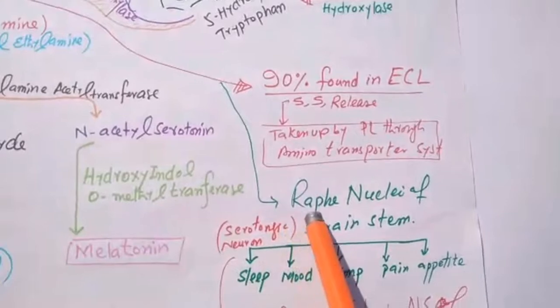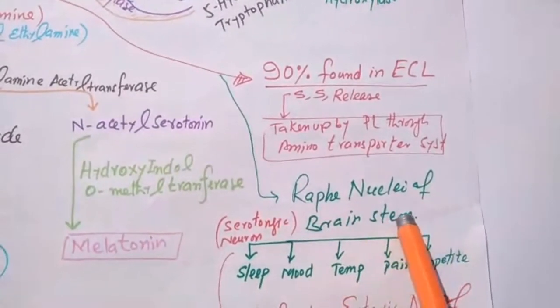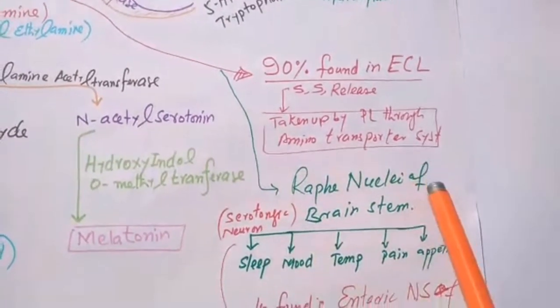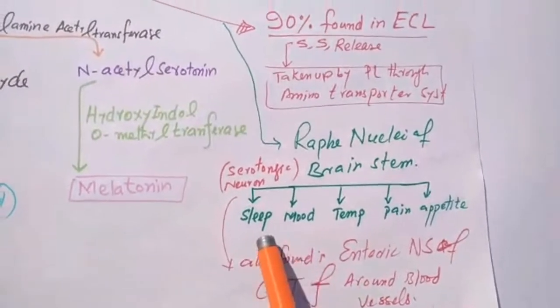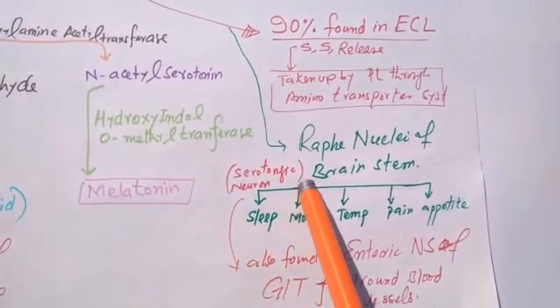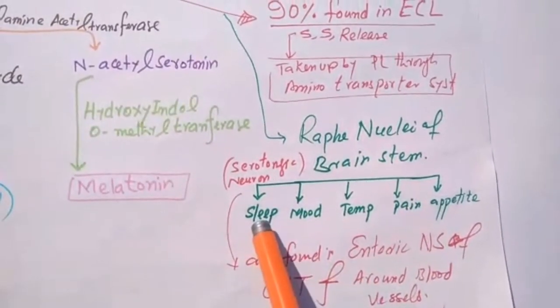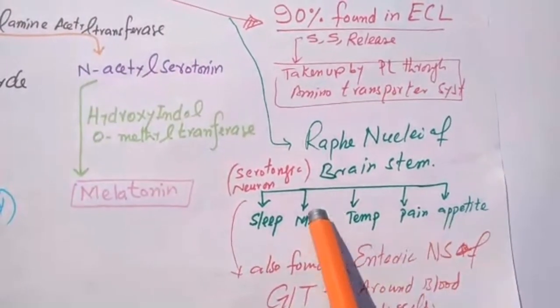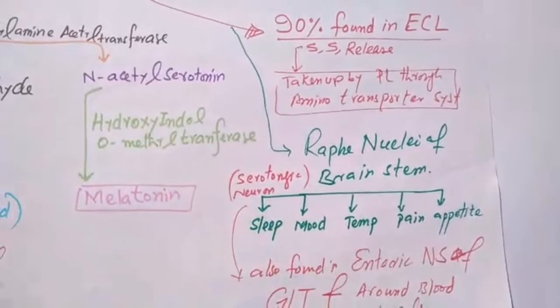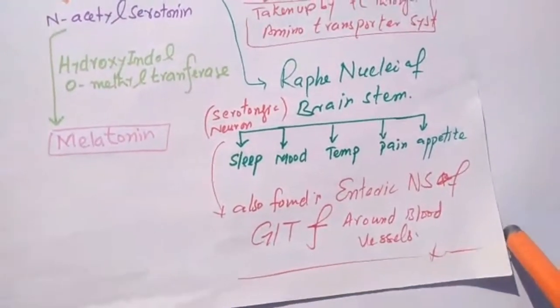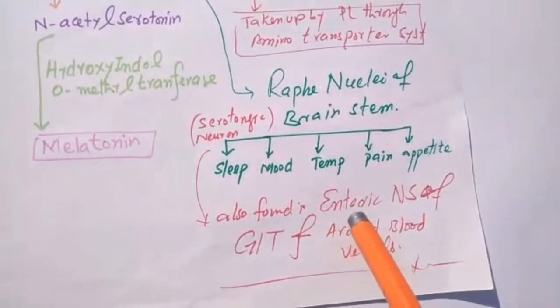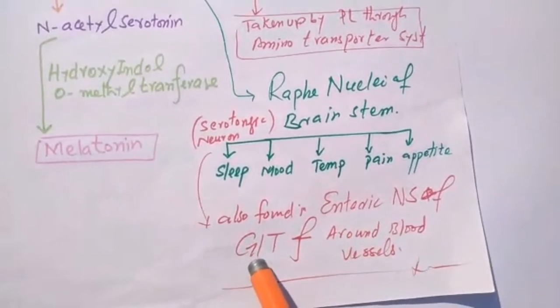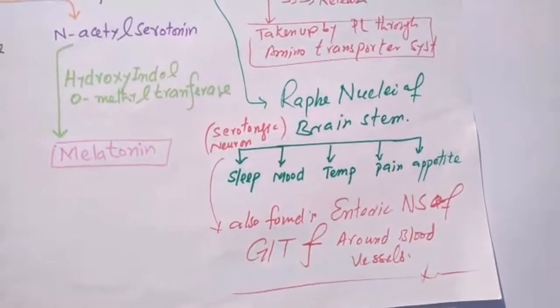Serotonin is also found in the raphe nuclei of the brainstem. This area is supplied with serotonergic neurons and has a role in sleep, mood, temperature, pain, and appetite control. These serotonergic neurons are also found in the enteric nervous system of the GIT and around the blood vessels.